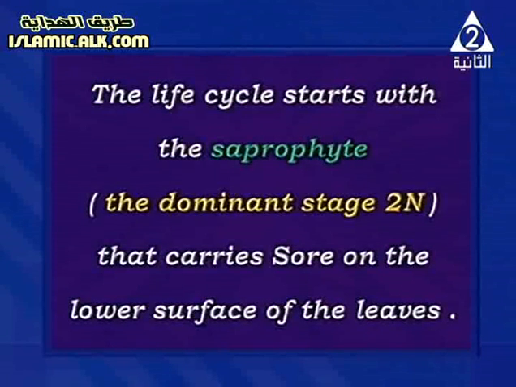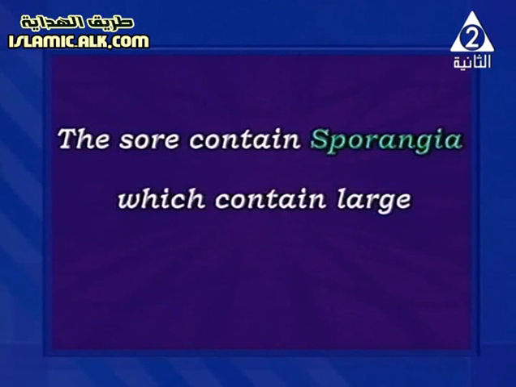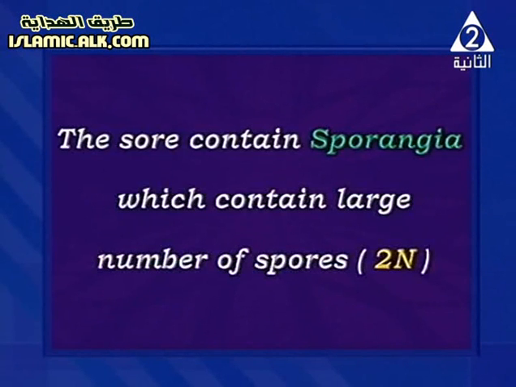Sorus is the singular form, and the plural is sori. So the leaves' lower surface contains a group of sori. The sori contain sporangia, which contain a large number of spores. Each one of them is 2n, carrying the full set of genetic material.